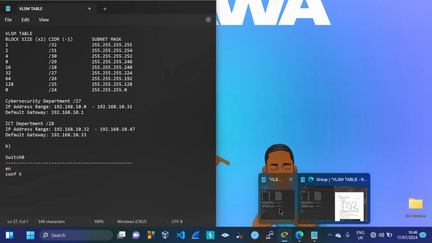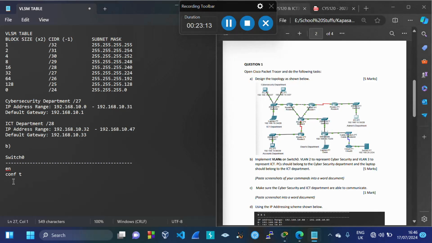I'll continue. After we say conft, I'll say VLAN, because we want to create a VLAN. Then I'll give it a number, but not 1. I'll start at 2. The question was saying VLAN 2 to represent cybersecurity. So I'll say VLAN, then the number will be 2. Enter. Now we need to give it a name. The name will be cybersecurity, because VLAN 2 represents cybersecurity.